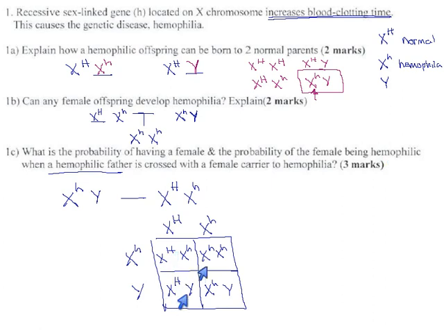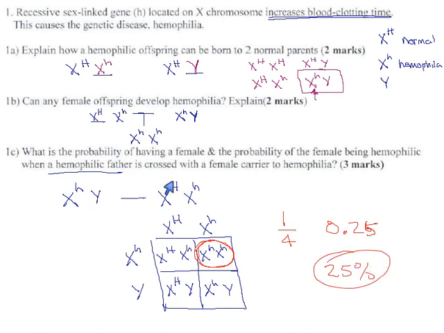We have a normal son. This is the daughter with hemophilia, top right. This is the one they're interested in, a daughter who has hemophilia, and the probability of that is 1 out of 4. Or if you divide 1 by 4, you get 0.25. And if you multiply that by 100%, you get 25%. Those are the odds you're looking at if you're this couple.